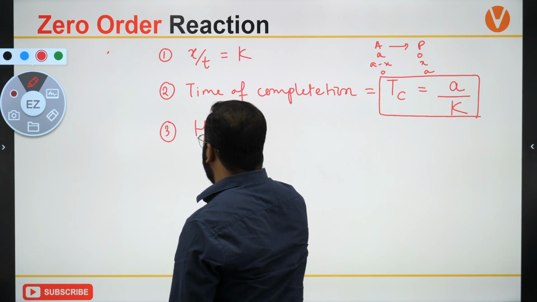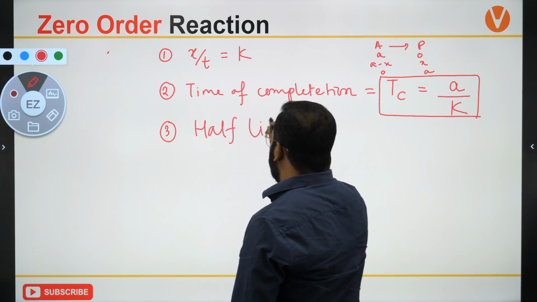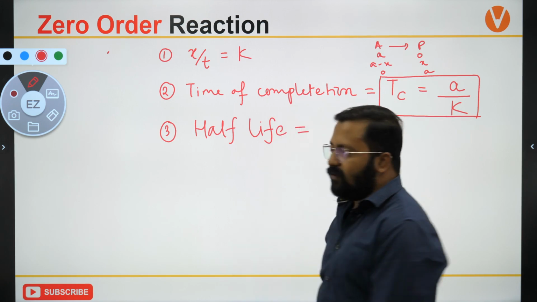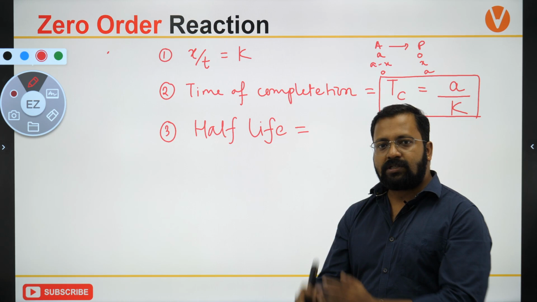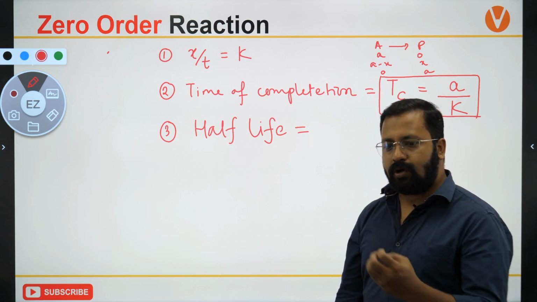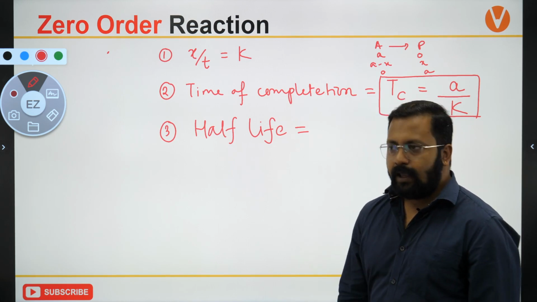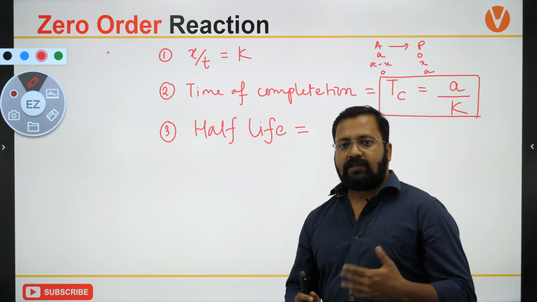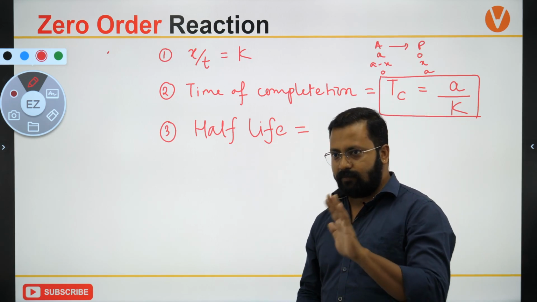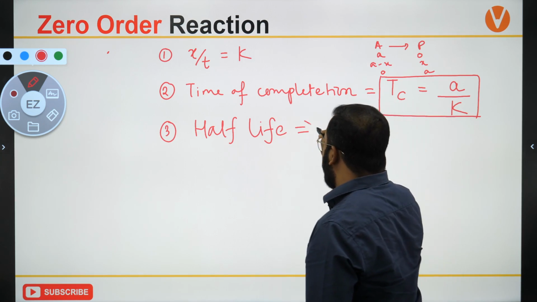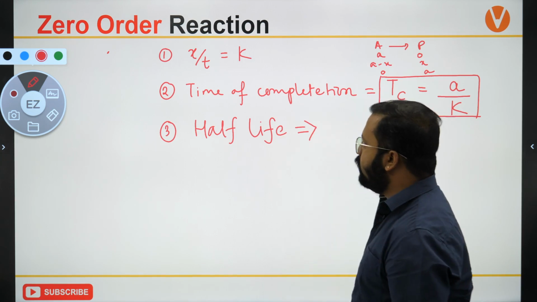Half-life. What will be half-life? The meaning of half-life is, I start with 10 moles, the time it takes for the reaction to consume 5 moles of it, or the time it takes for the initial concentration to reduce to 1/2 of it. Okay? So at half-life, what will happen?